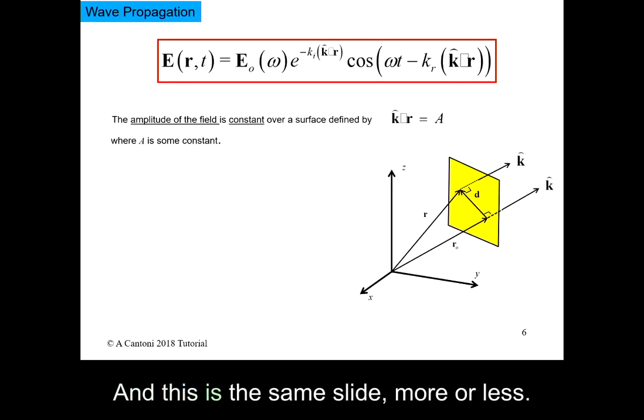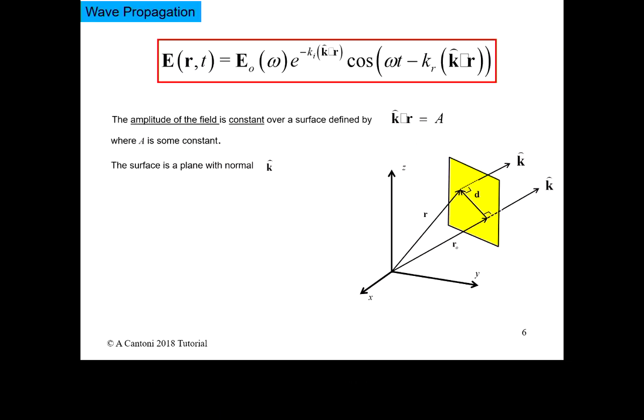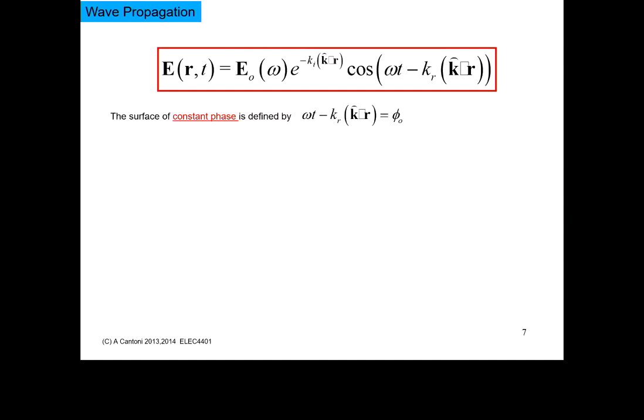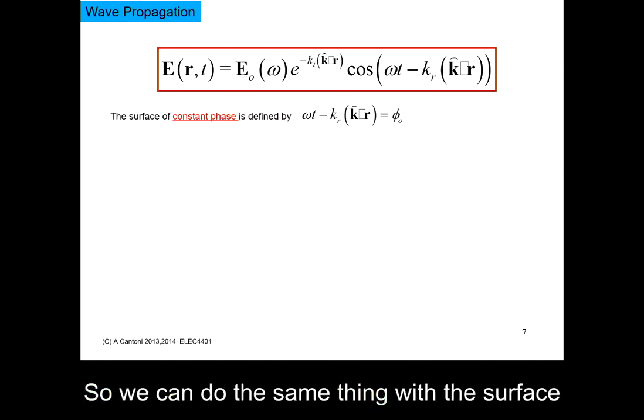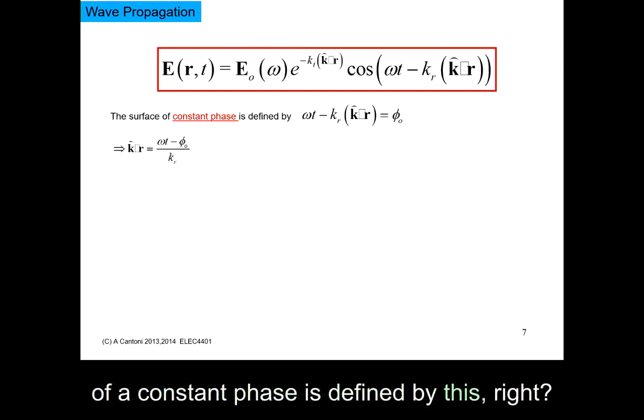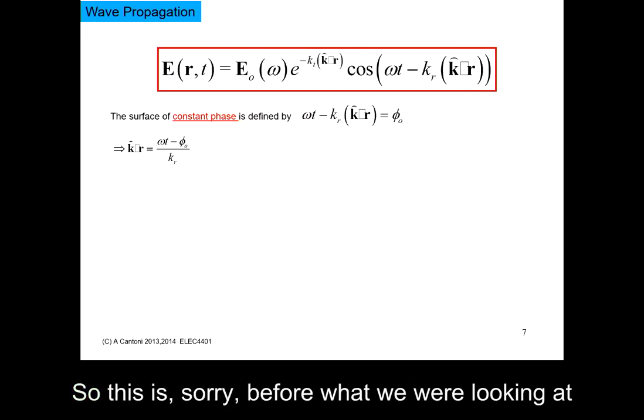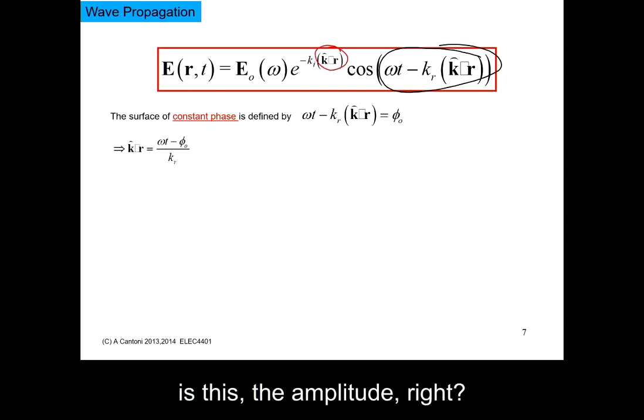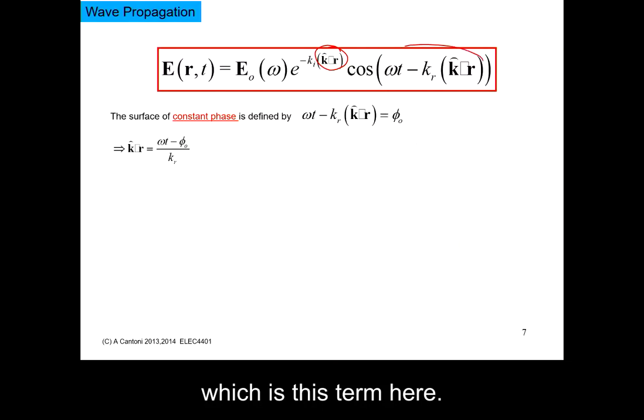And this is the same slide, more or less. So we can do the same thing with the surface of a constant phase, which is defined by this, right? Sorry, before, what we were looking at was the amplitude, and now we're looking at the phase, which is this term here.